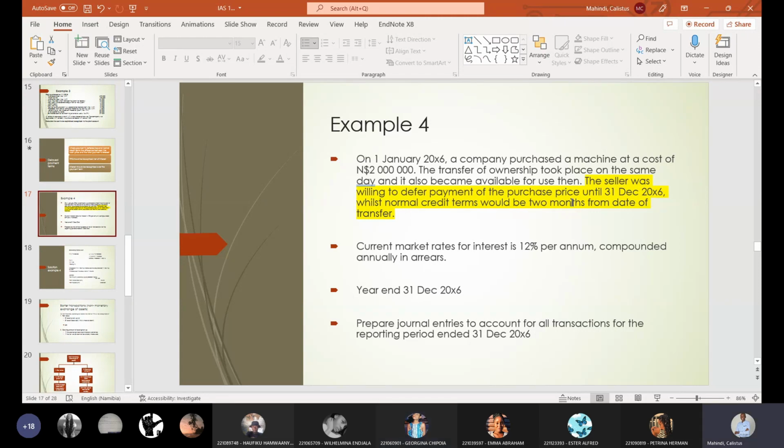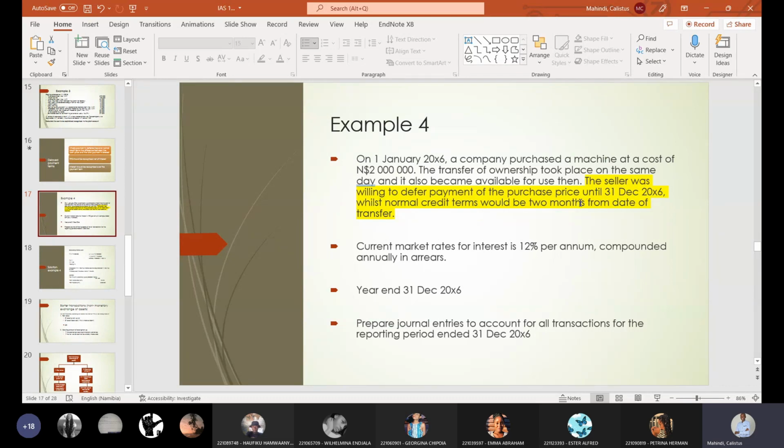It's the same thing with this question. This question tells you that the normal credit terms is 2 months. So if you pay up to 1st of March, within those 2 months, you won't be charged interest. But after 1st of March, you're going to be charged interest. So how many months will you be charged interest for?